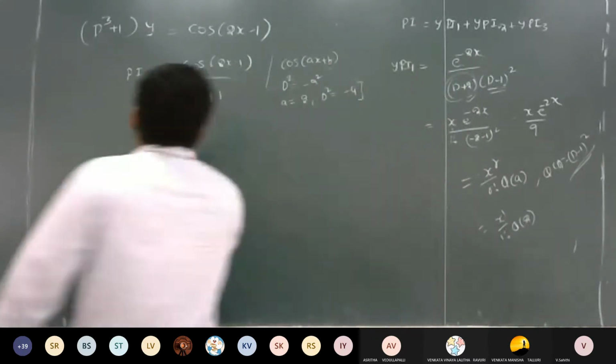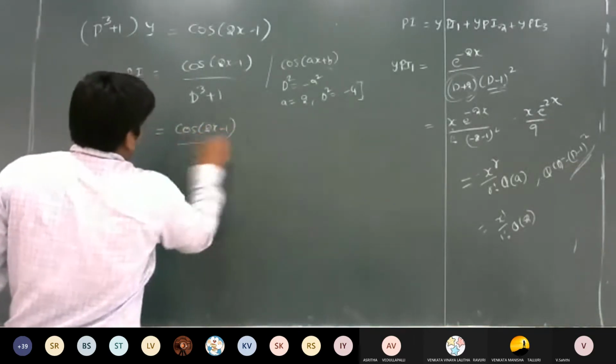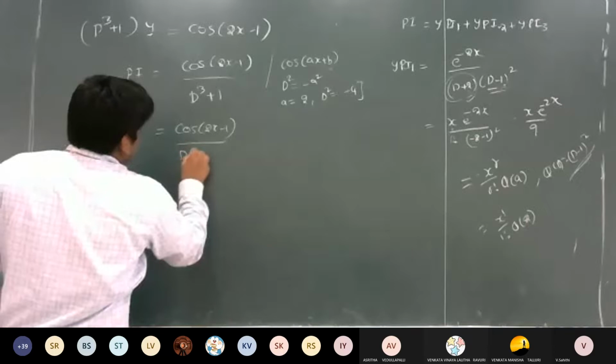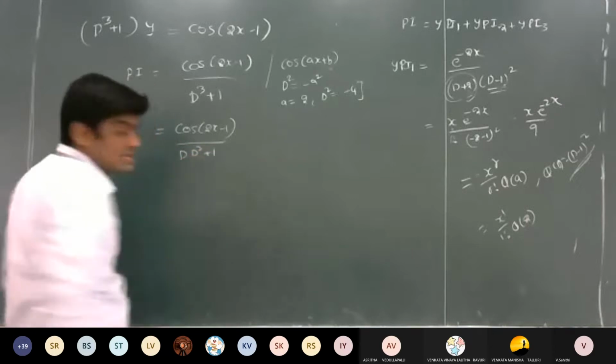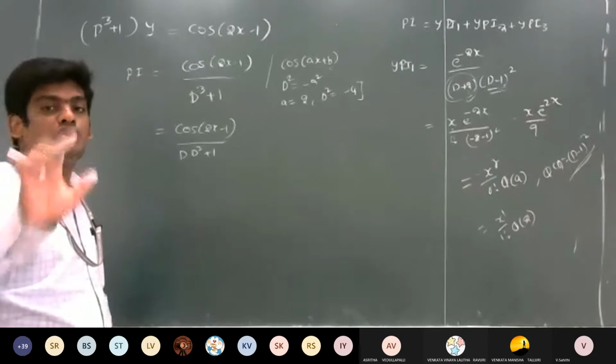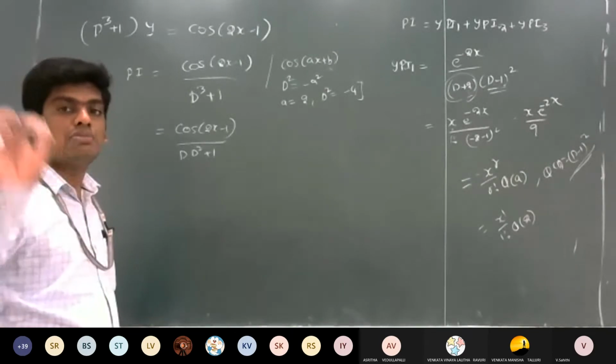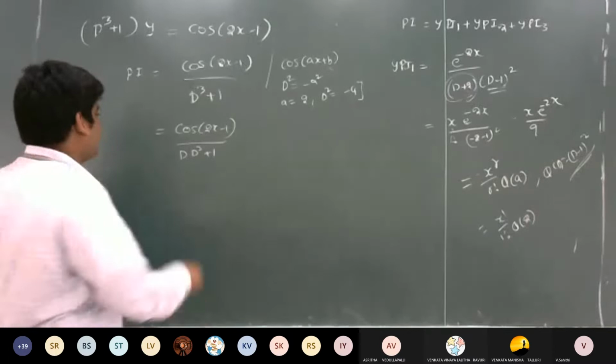So this is the way, that is equal to cos of 2x minus 1 by D cube plus 1, written as D into D square plus 1. Wherever you have D square, only then you can substitute it by minus a square. You don't touch the term D. That is very, very important.